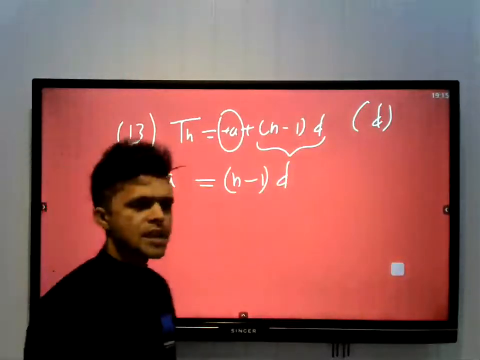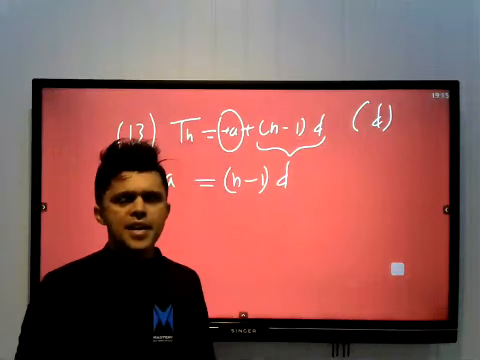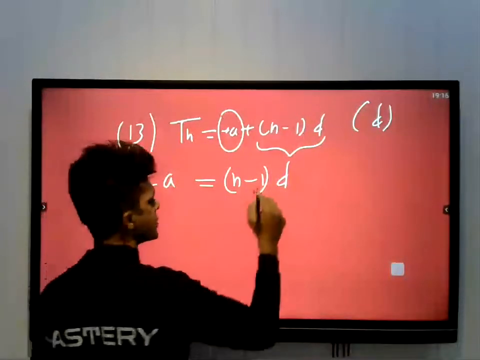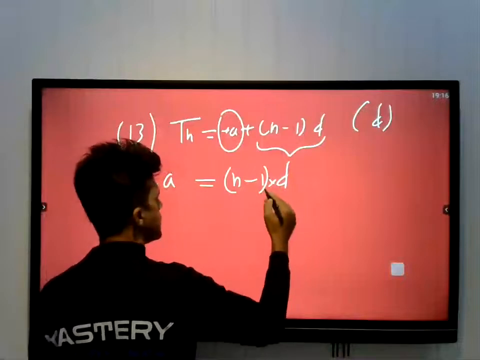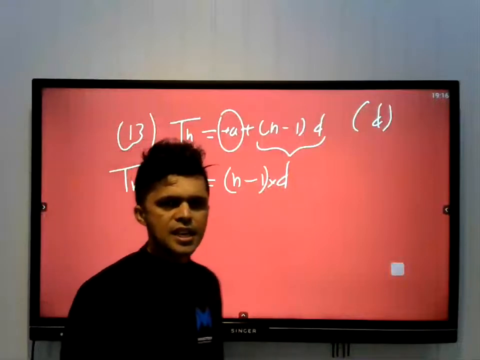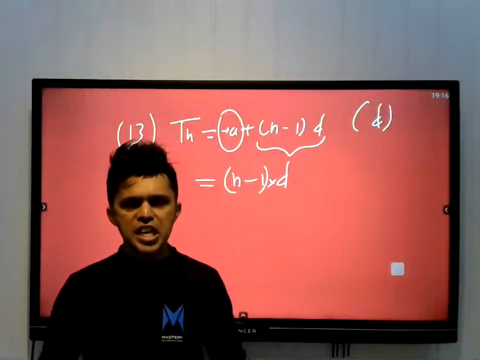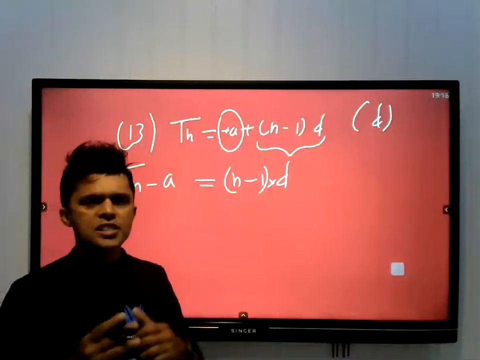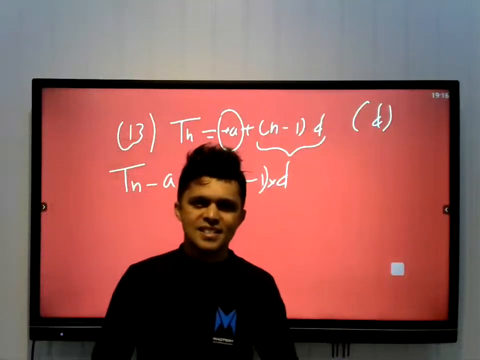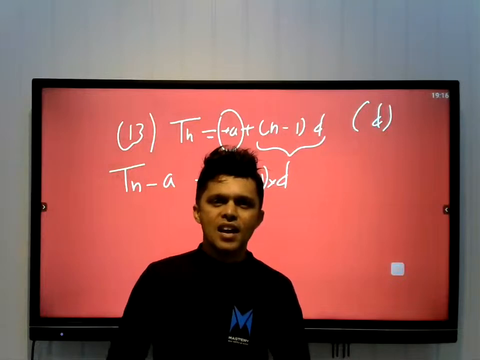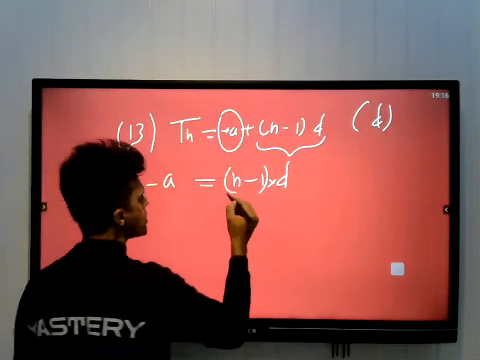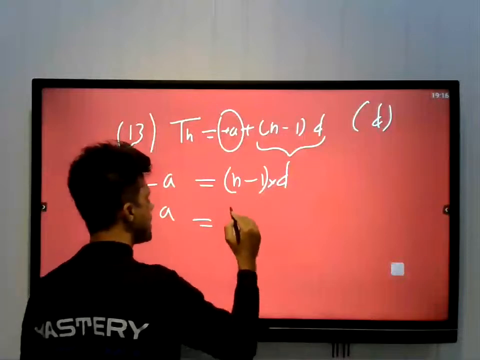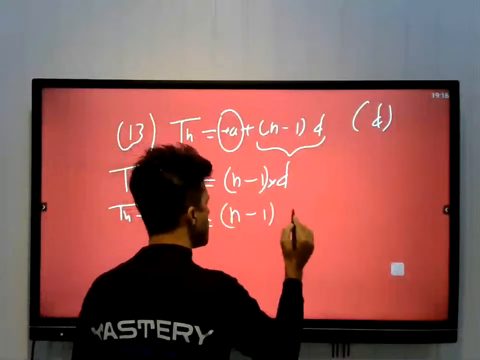So d can be written as the subject. Here there is multiplication. Previously you learned that when there is multiplication, both sides can be divided. I will write this again: Tn minus a equals n minus 1 times d.